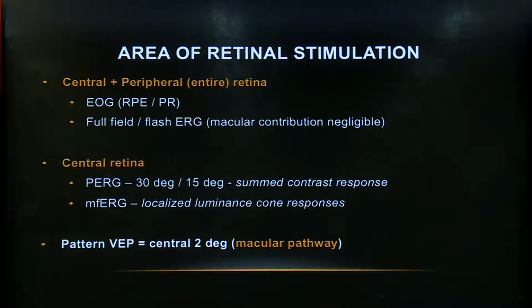So the macular contribution is negligible, and it's a global response of the entire retina. If you want to specifically see the central retina, then you have to use a pattern, which can be a pattern ERG or the multifocal ERG. And about pattern VEP, please remember that it is, yes, a function of the optic nerve, but it is also highly contributed by the macular pathway.